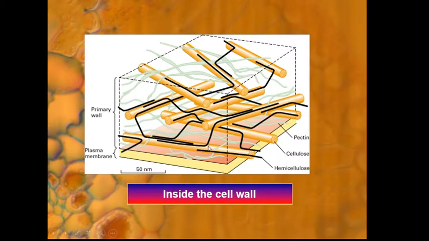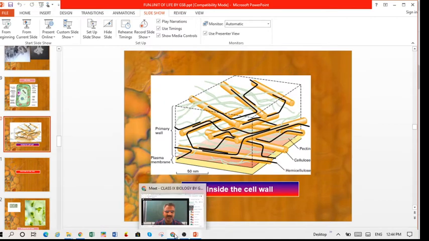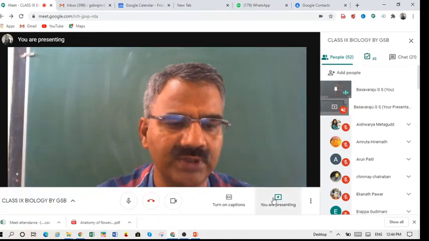This cell wall is made up of three important elements, important carbohydrates. One is called cellulose, then pectin, and also hemicellulose. What are they made up of? Hemicellulose, cellulose and pectin. So these are the three important compounds or carbohydrates which are present here.